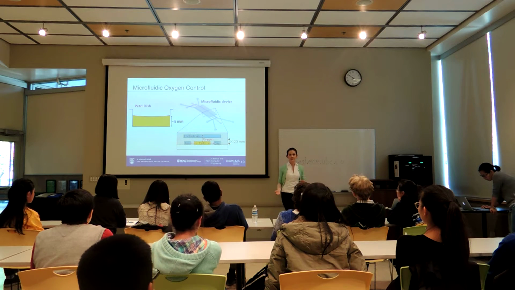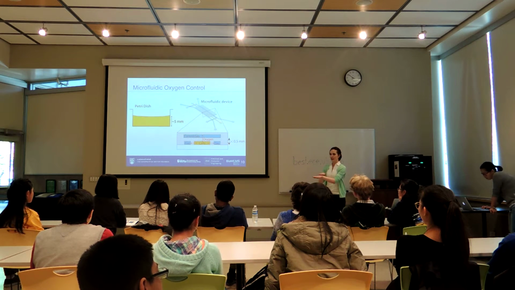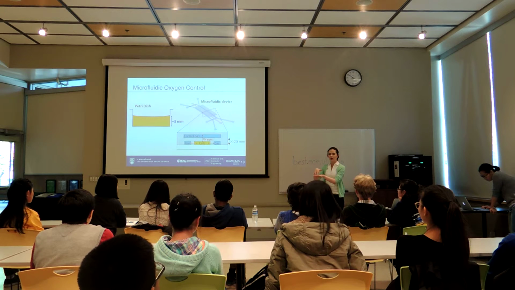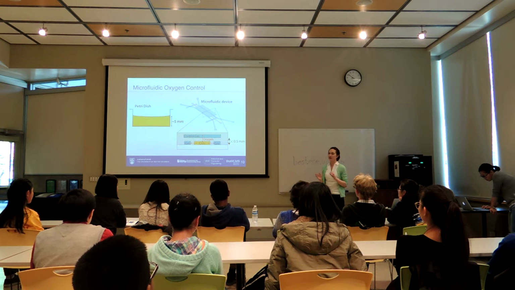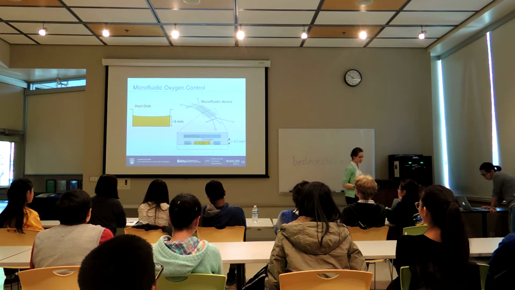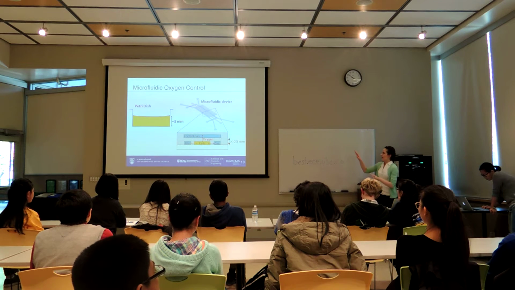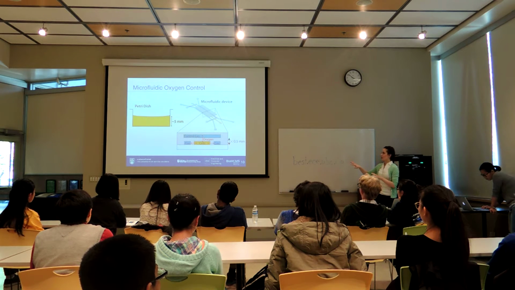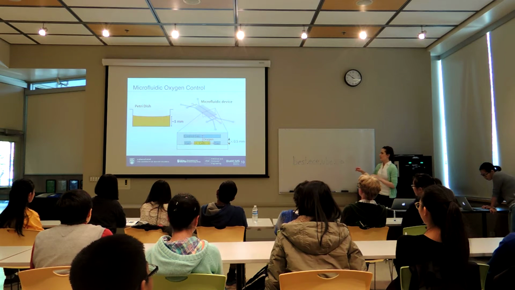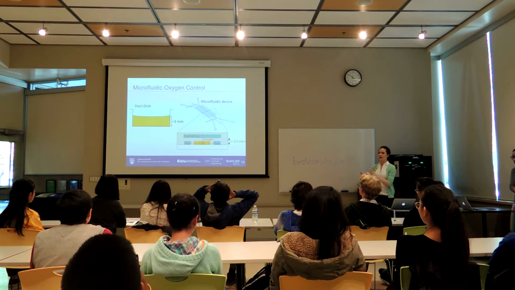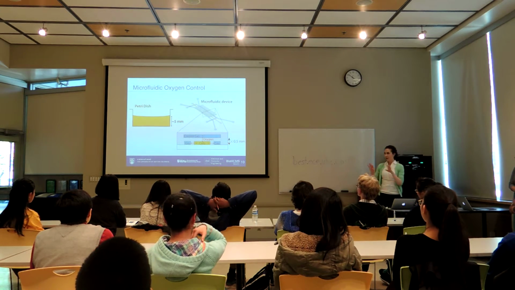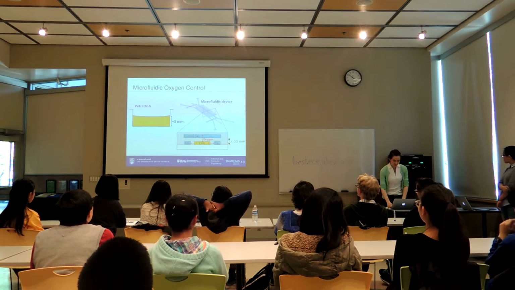And then I have control gases that flow through very close but separate channels. And the oxygen can pass through the walls to move less than half a millimeter to control the oxygen around the cells. And this image shows the three-dimensional view of my device, as well as a cross-section where you can see the cell chamber surrounded, on all sides, by control gases.